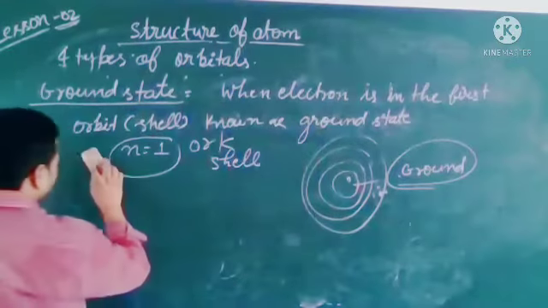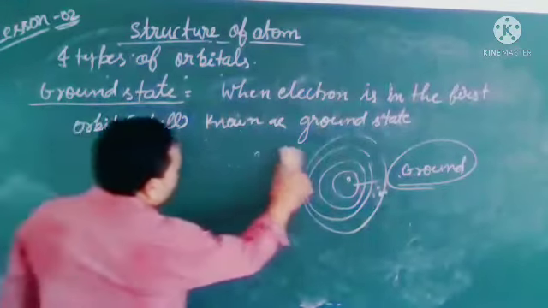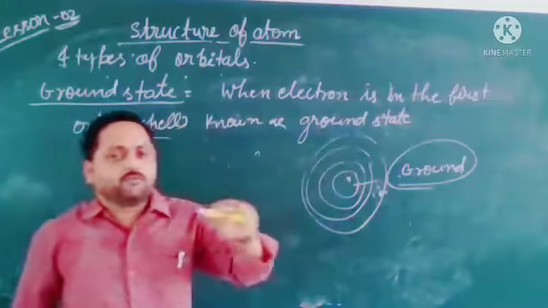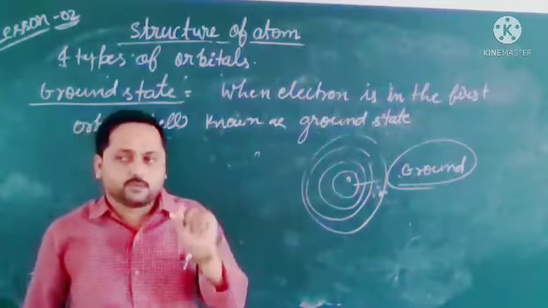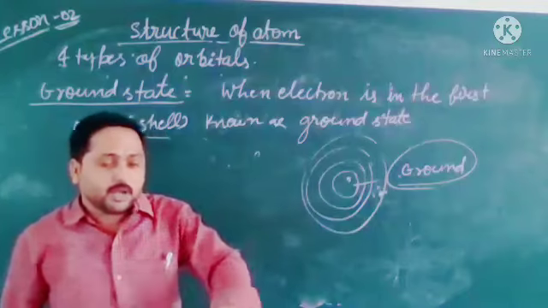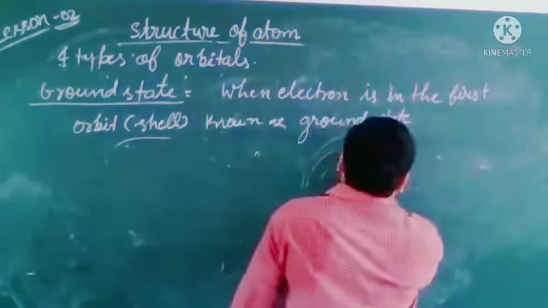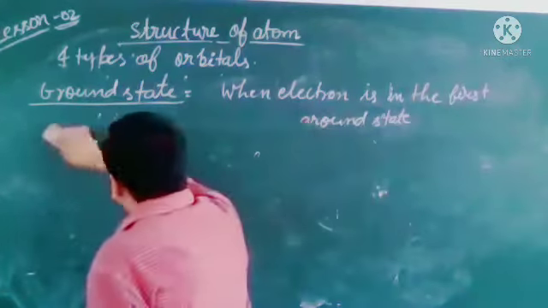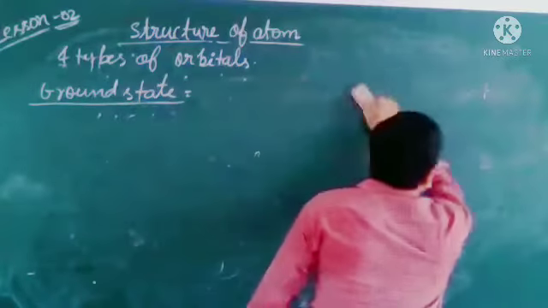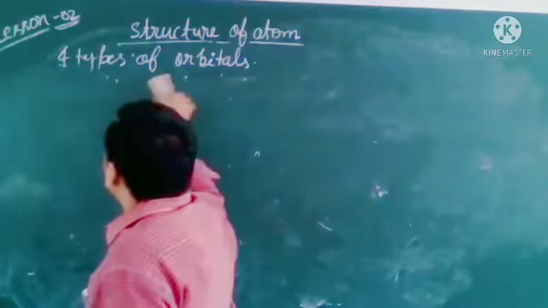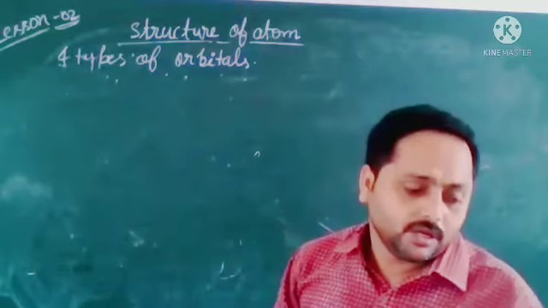Ground state means the electron is present in the first shell. Next, the other term here is degenerate orbitals.